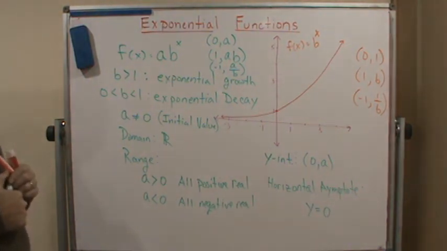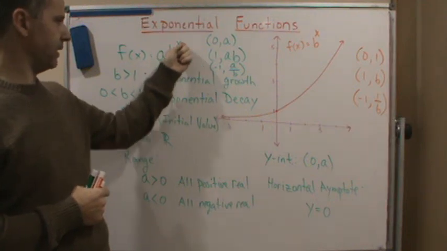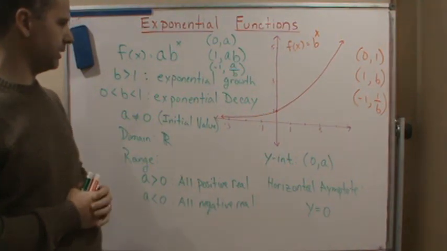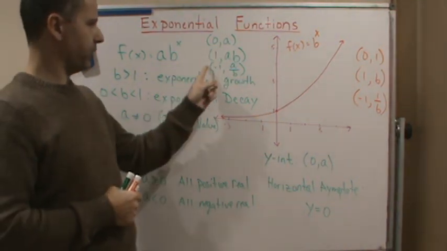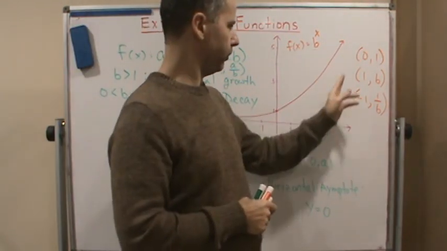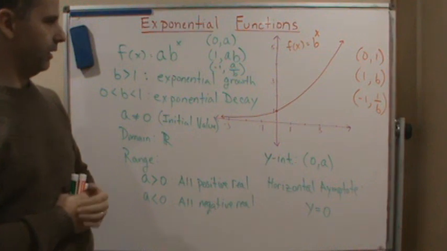So the general form, f of x equals a times b to the x, will always go through these 3 points. If you want help remembering it, just remember the simple form, then multiply by a and you'll get them.